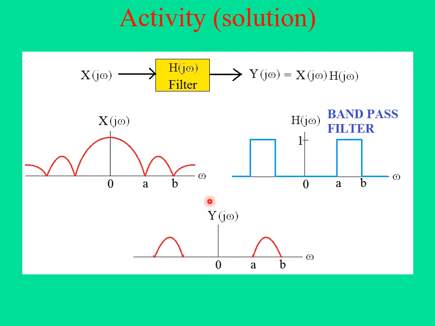So this is the output right here. Notice everything outside of A and B has been blocked. So this big hump here has been blocked, and this smaller hump outside of B has also been blocked. This is, of course, what a bandpass filter does.